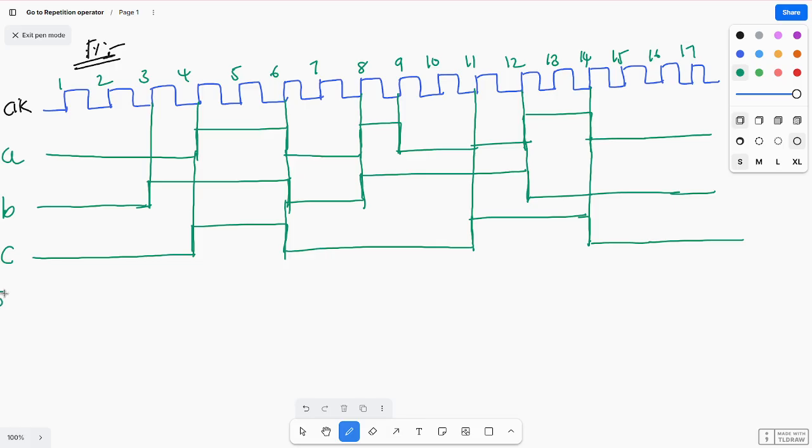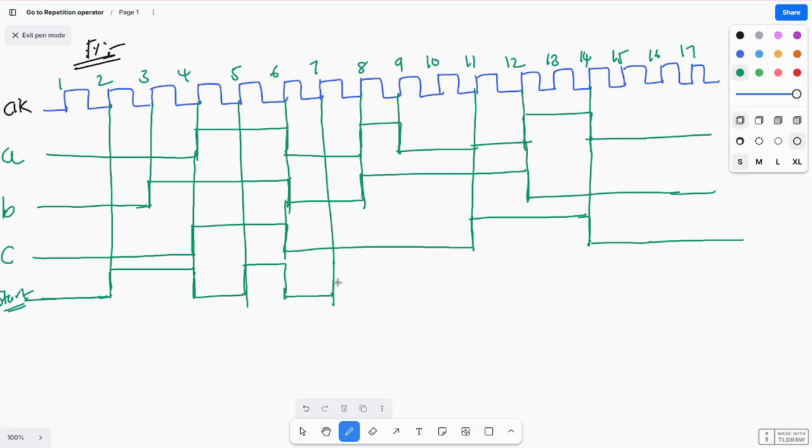Next, the start signal. It starts at 0 and becomes 1 at cycle 2. At the fourth cycle it becomes 0, at the fifth cycle it becomes 1 again, at the seventh cycle it becomes 0, and at the eighth cycle it becomes 1 again.